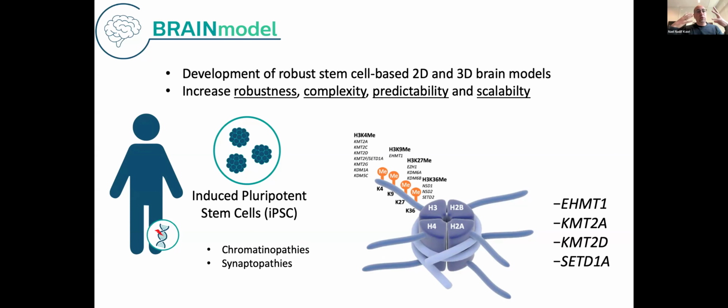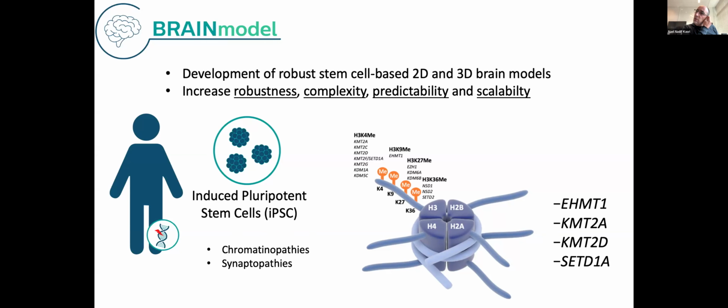We have focused not on one disorder, but on two groups of disorders. On one hand, we have what we call, with the very difficult name, chromatinopathies, and on the other, synaptopathies. Chromatinopathies are actually genes that are important for the epigenome.